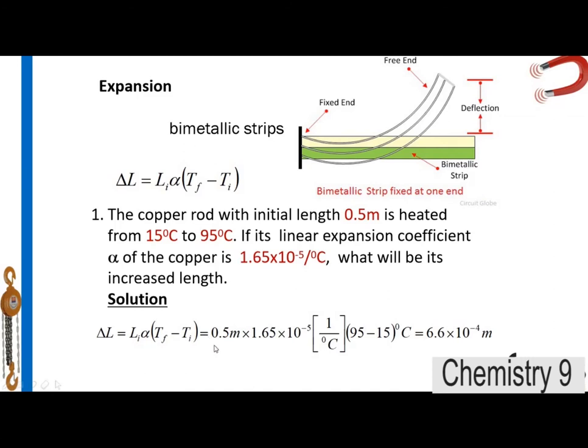And if we substitute in the value for the length, which is 0.5 meters, and we multiply that by the linear expansion coefficient, which is 1.65 times 10 to the minus 5, and then we multiply that again by the change in temperature, we would get a value for the change in length, which is equal to 6.6 times 10 to the minus 4 meters.